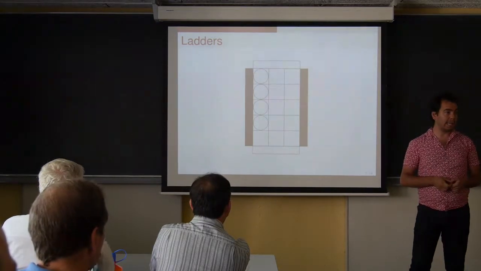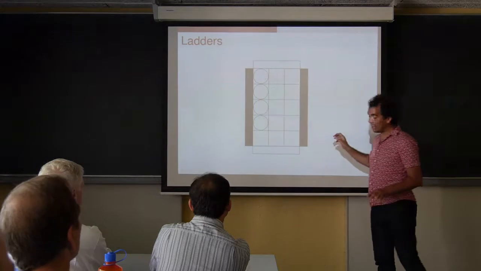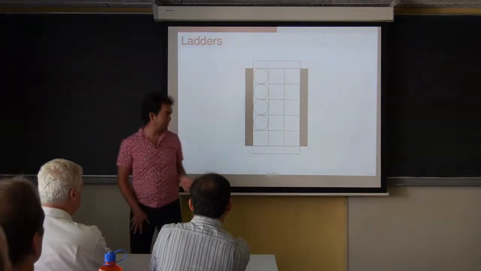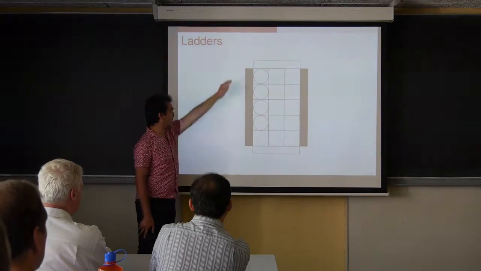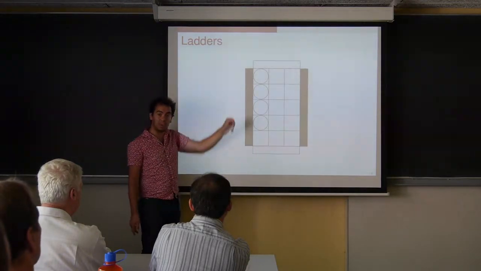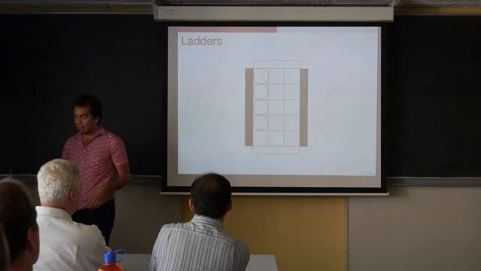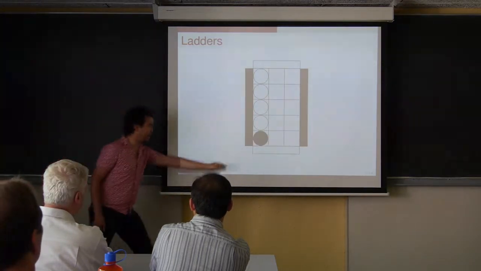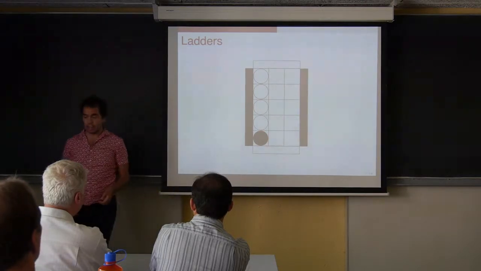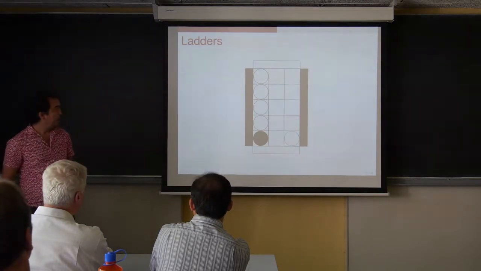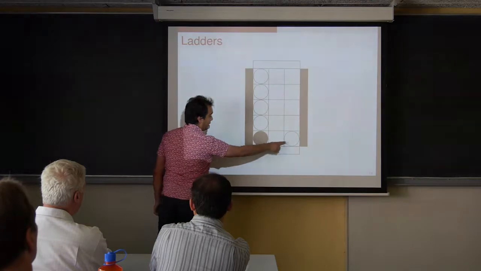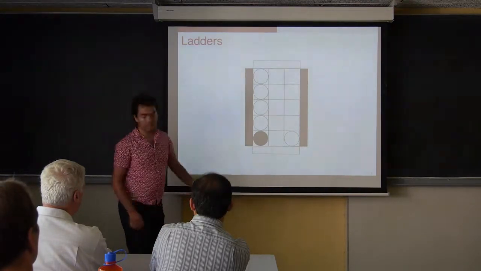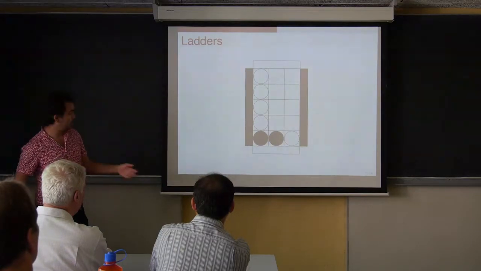Ladders do occur in Slither, but they're a bit different from what you would see in Hex and similar games. So consider this position where white is about to win. It is black's turn, and the only possibility for black is to block here. Now white can play a stone there, and black will block.